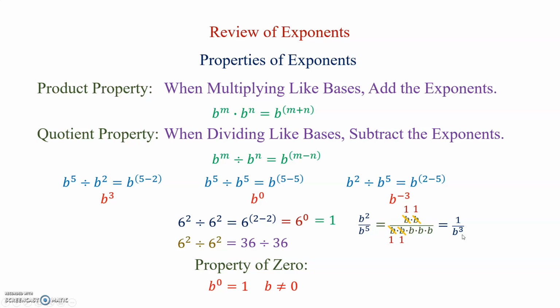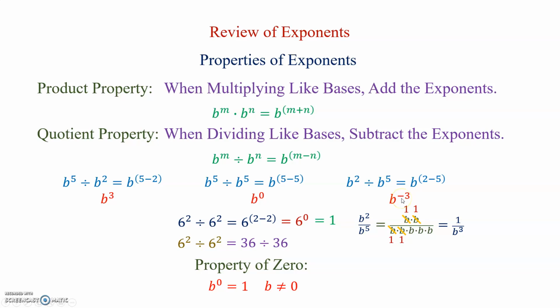And so when we compare, here I simply apply the property, subtract the two exponents, and end up with a negative exponent. Here, where I took the exact same problem and used a different procedure and reduced, I ended up with a positive exponent. But when I compare the difference, I begin to see the impact of a negative exponent.